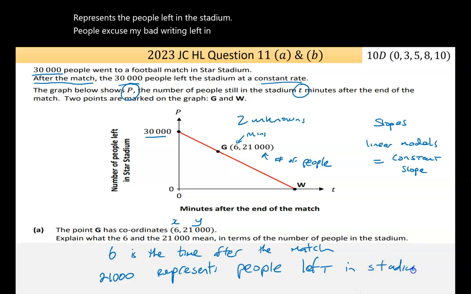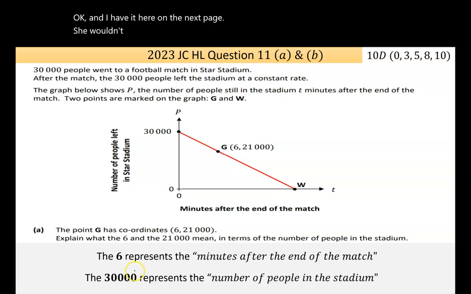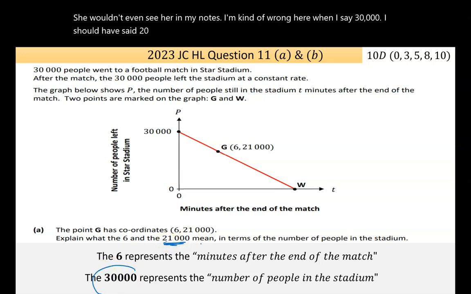I probably could phrase that better. And I have it here on the next page. I'm kind of wrong in my notes here. When I say 30,000, I should have said 21,000. I'll fix that after. But that's it. That's a fairly handy one. This seems to be worth 10 marks over part A and B.